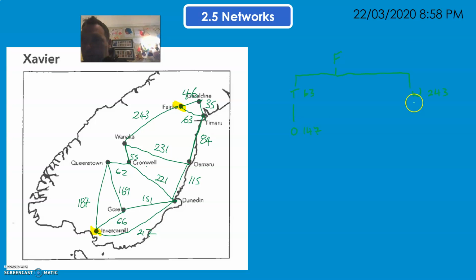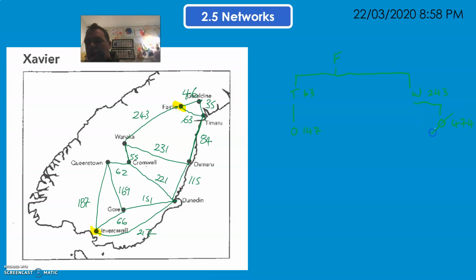I can go to Oamaru, however, that will be 231 plus 243, which will give me 474.